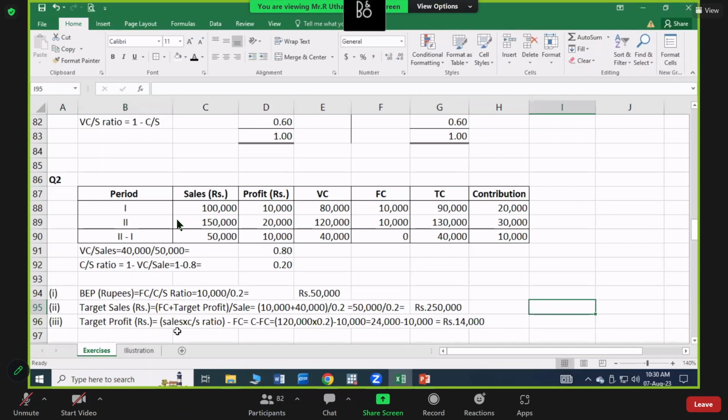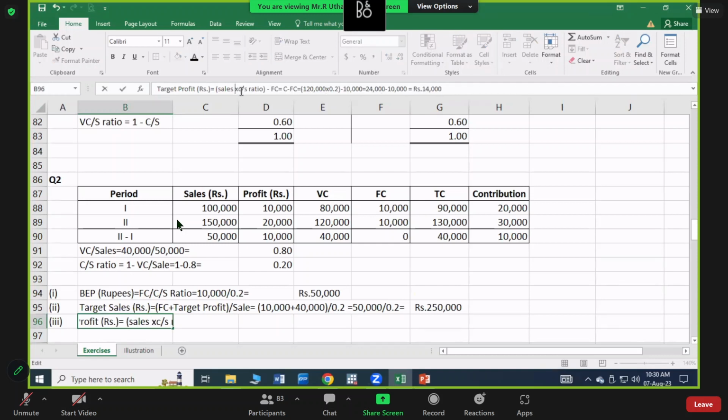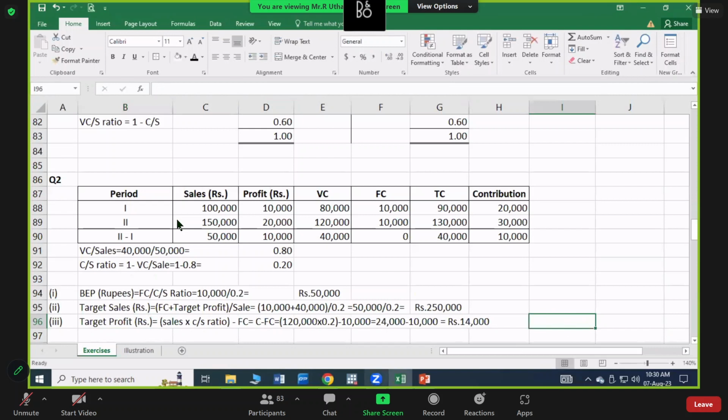Sales into the CS ratio minus FC, which results in contribution minus FC, the fixed cost.